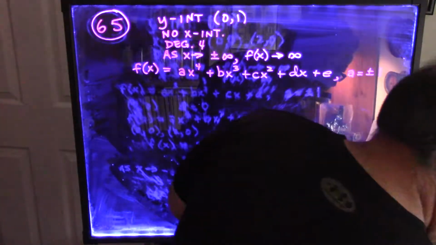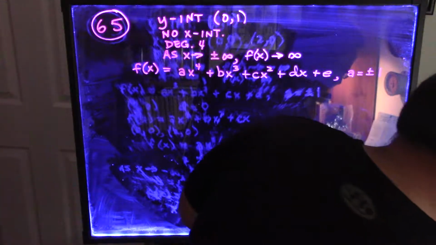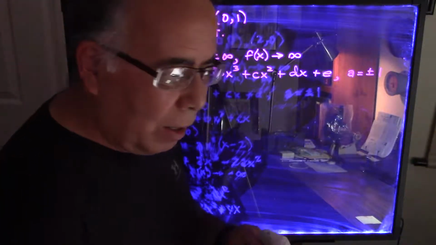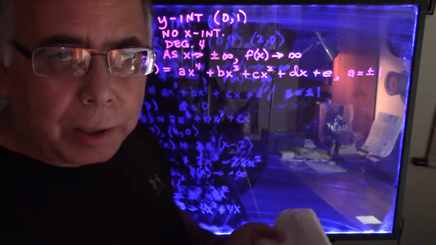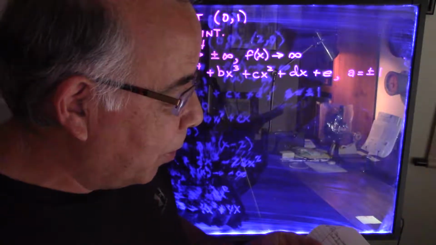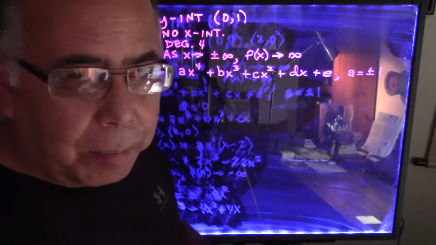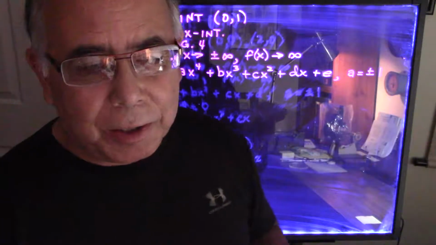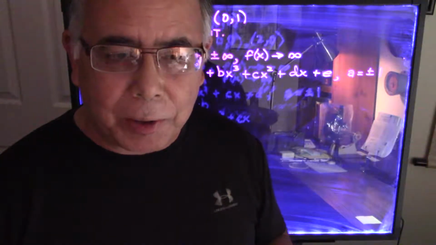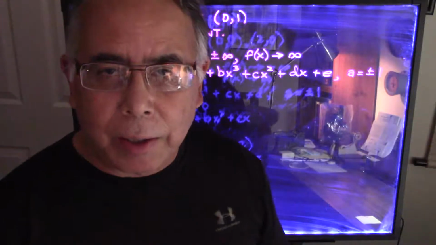Now, before I go further, I need to point out that lowercase e is usually reserved in mathematics for something called Euler's number or Euler's constant. It's a famous number in mathematics, named after the very famous Swiss mathematician Leonhard Euler, spelled E-U-L-E-R. He and Gauss were probably two of the most famous mathematicians who ever lived.